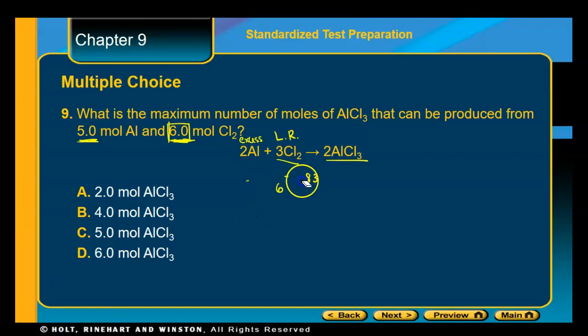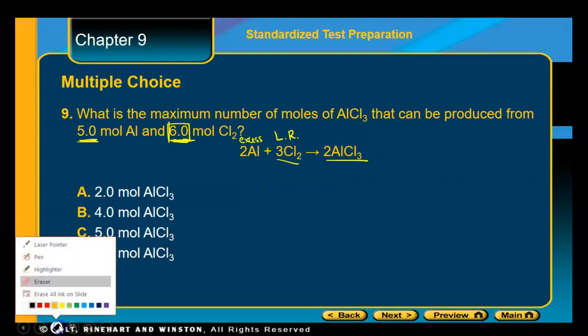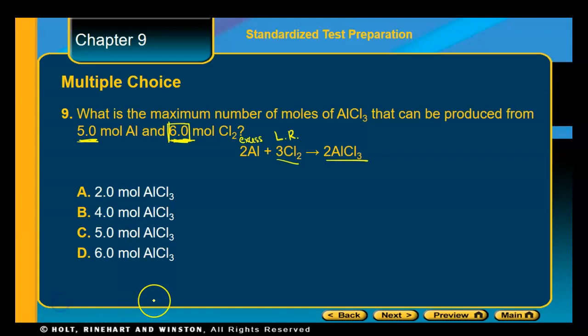So I know that in order to react, excuse me, to react 2 moles of aluminum, I need 3 moles of chlorine.